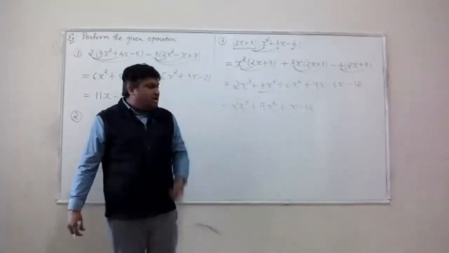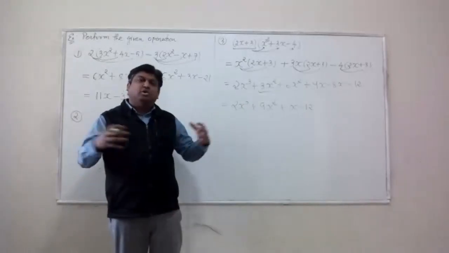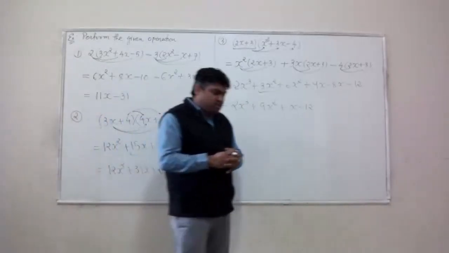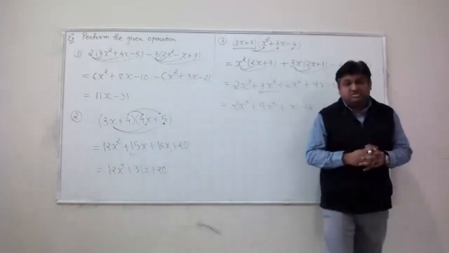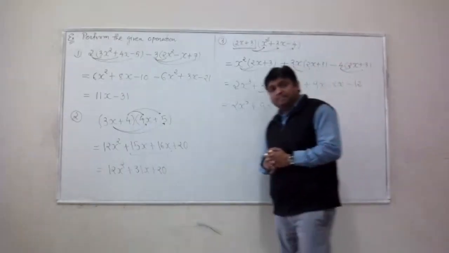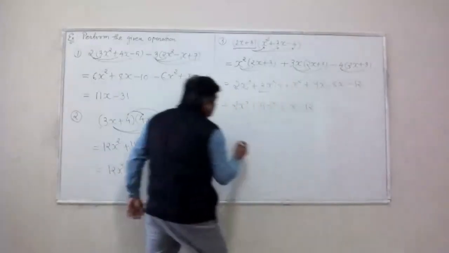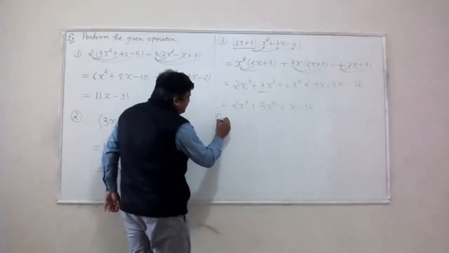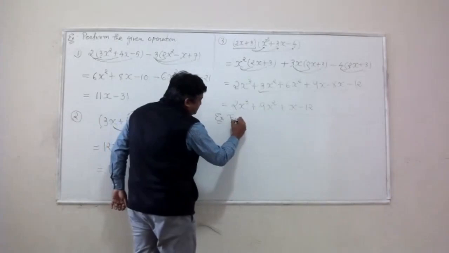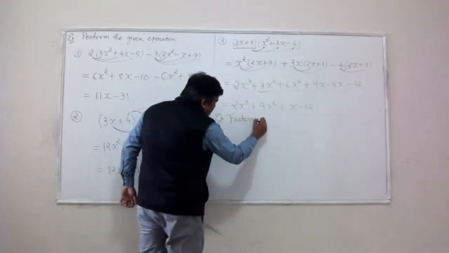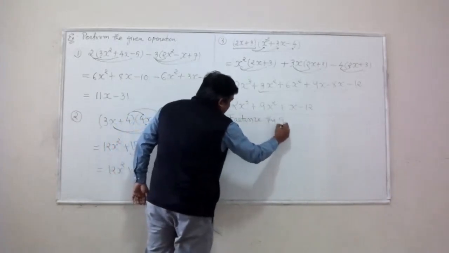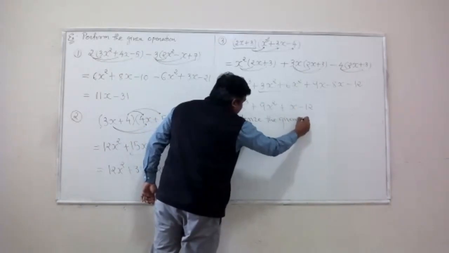Let me show you a couple of examples that mix and match two stages out of these three, all right? So here are two simple examples. Let's say factorize the given polynomials.